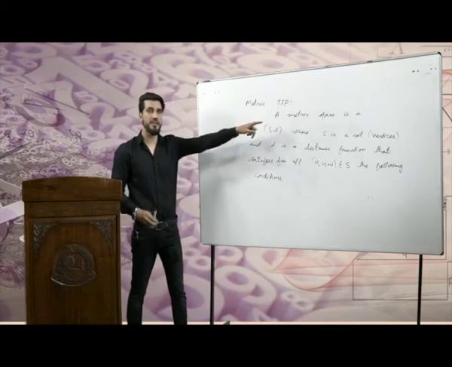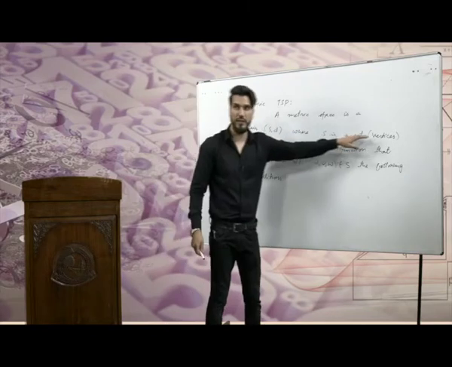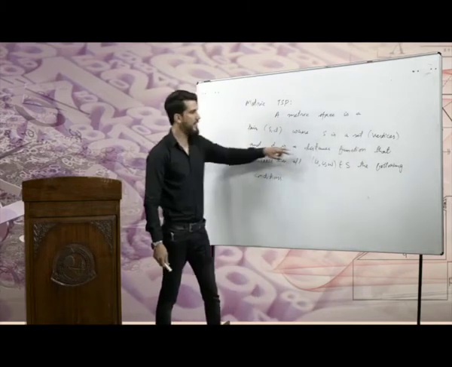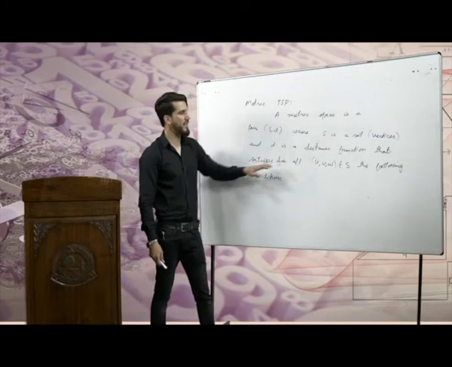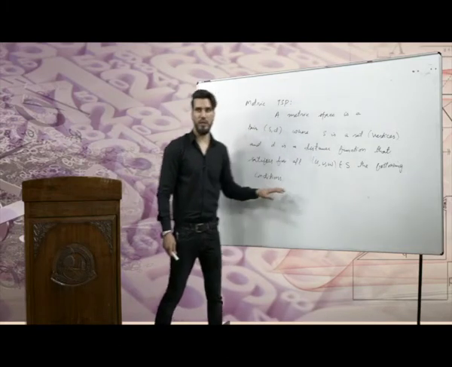A metric space is defined by a pair (S, D), where S is a set of vertices and D is a distance function that satisfies for all u, v, w in S the following conditions.